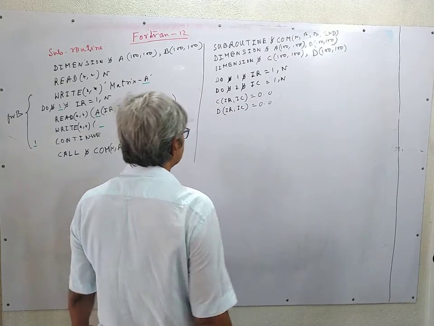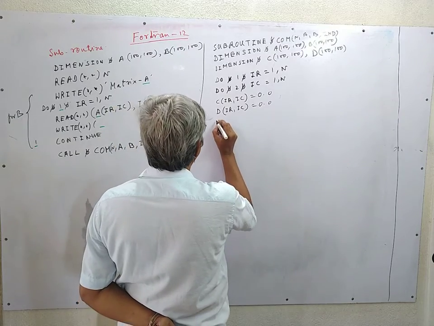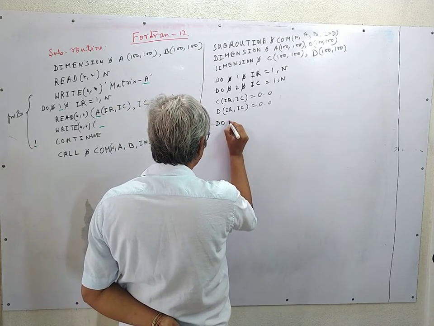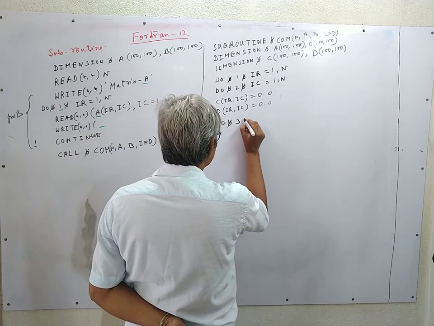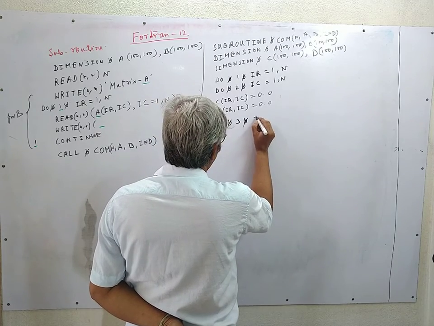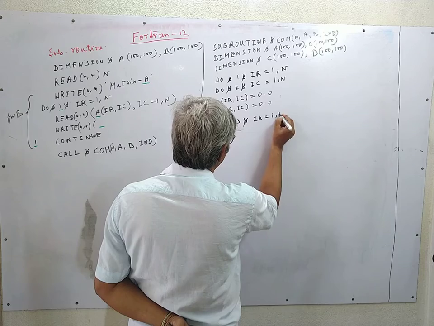This is the initialization. Then we define another loop, do 3, IK is equal to 1 comma n.